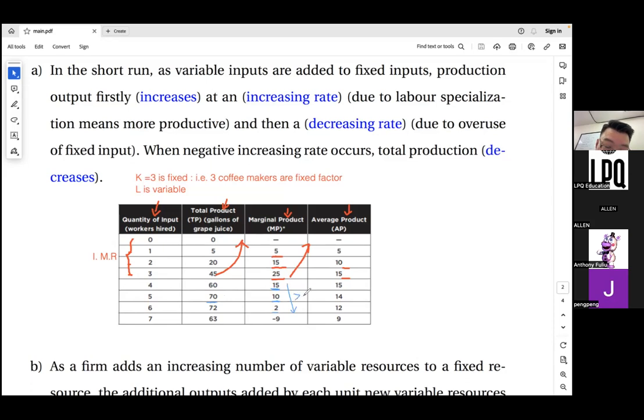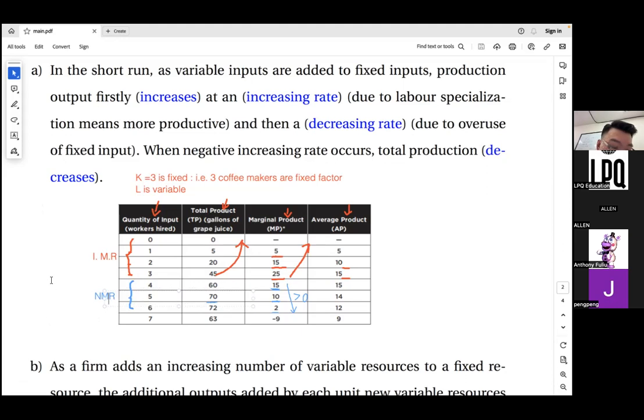But in the second stage, it is still greater than 0. Where is the second stage? From 4 to 6. So we label this one decreasing marginal return, which can be labeled DMR.